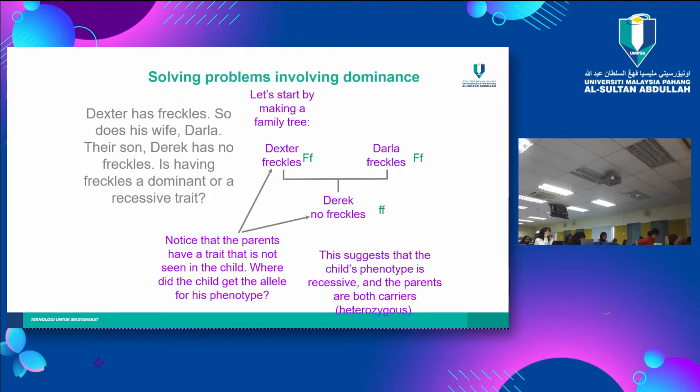So if this person has freckles, so does the wife. Their son has no freckles. Is having freckles dominant or recessive? So let's say one has freckles and Derek has no freckles. This is how you make that tree. So no freckles.